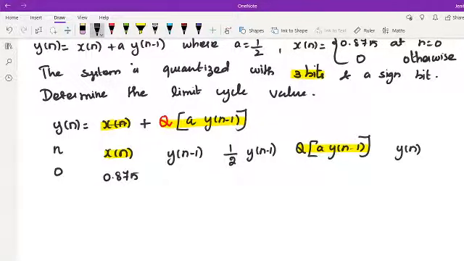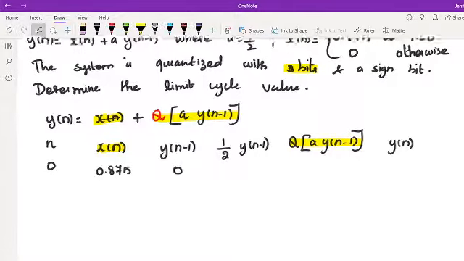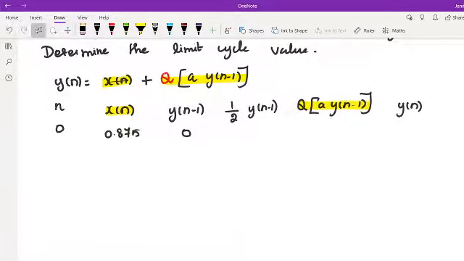So we are going to substitute y of minus 1 as 0. So since y of n minus 1 is 0, 1 by 2 multiplied by it is going to be 0. There is no quantization required because the available term is only 0. So now we are going to add this x of n, that highlighted term, x of n plus quantization of a into y of n minus 1, that is 0.875 added with 0. So we will get the answer 0.875.